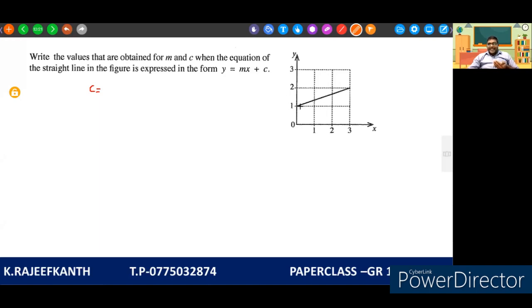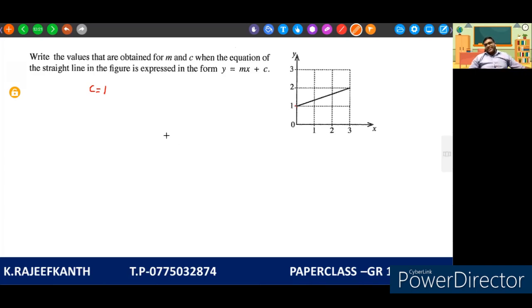This straight line is intersecting the y-axis at this point. So we have to find the point at which that straight line is intersecting. In this point, c is equal to 1.